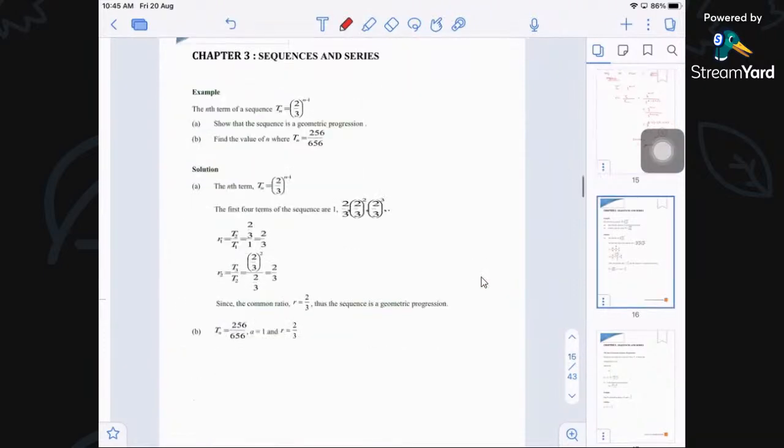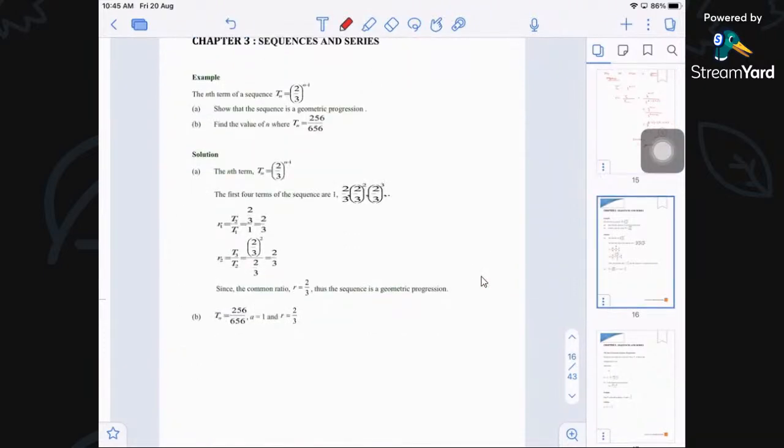Okay, so that one is done. Look at here. This is the thing which I was talking about. This is not recommended, but let's say you get stuck and you cannot use the method which I taught you just now. R equals to Tn over Tn minus 1.